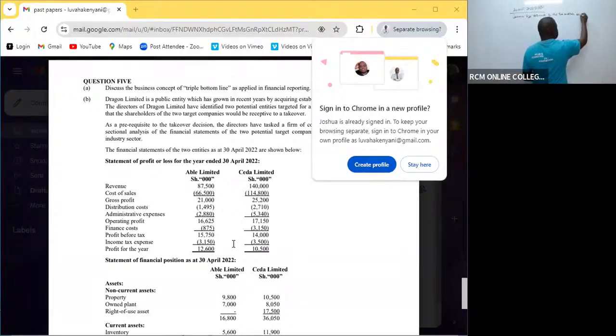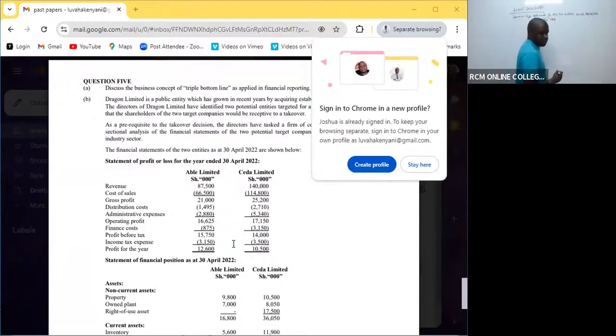As at 30th of April 2022. So we have two companies here. We have Able Limited, and we'll start with the income statement.